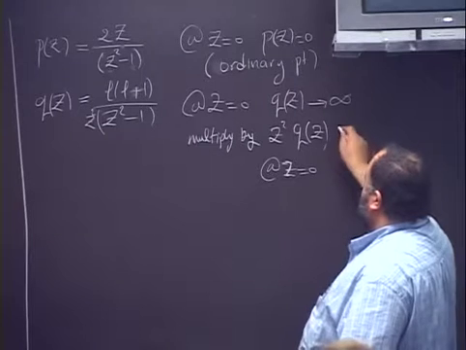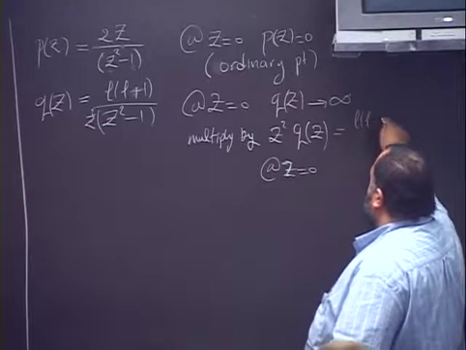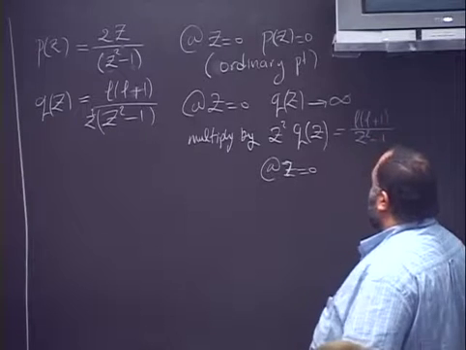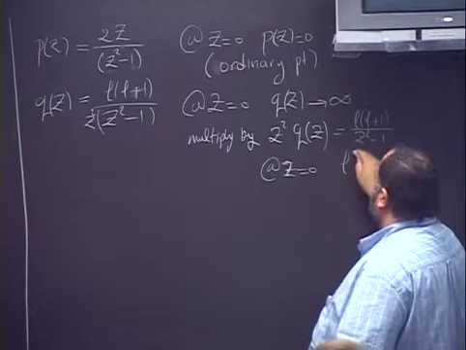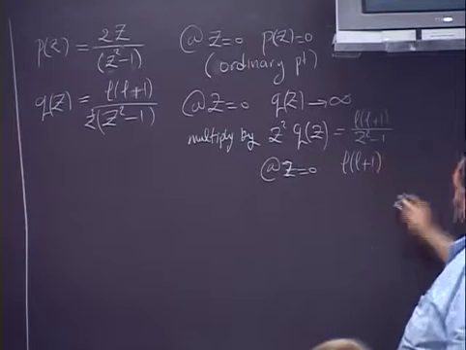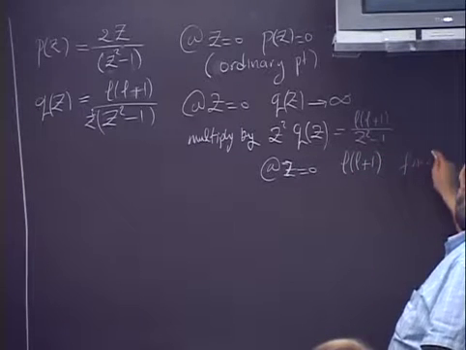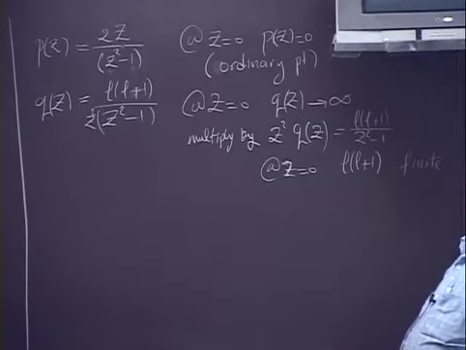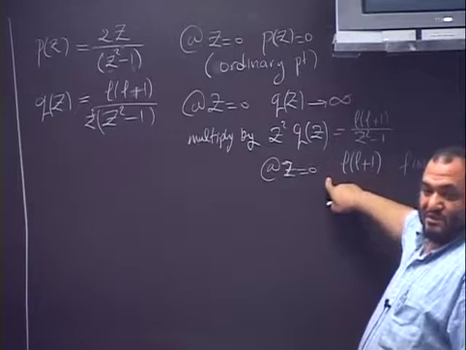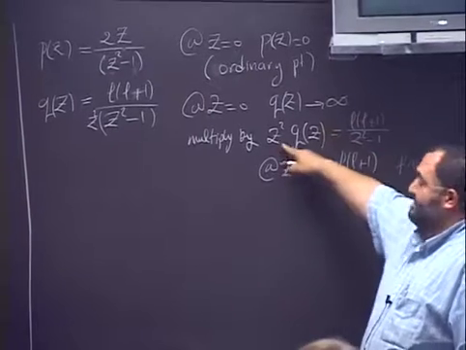When you multiply, this will give you L plus 1 divided by z squared minus 1. So when z equal to 0, this will give you L multiplied by L plus 1. And this is what? Finite. Yes? So you eliminated the singularity by just multiplying by what?